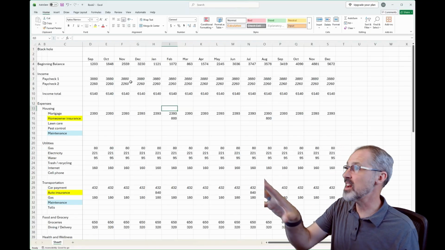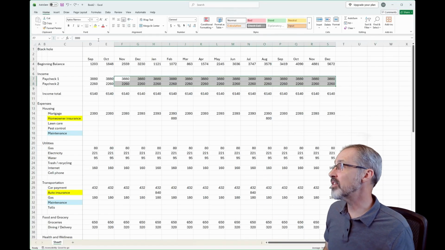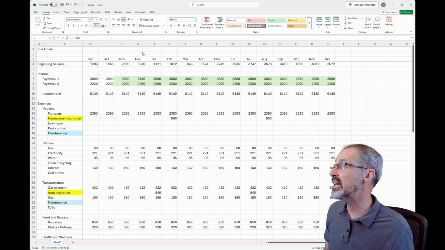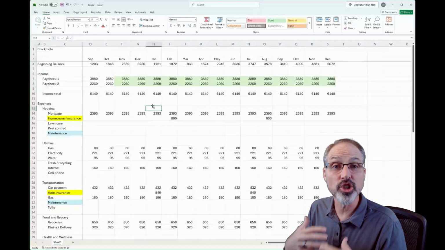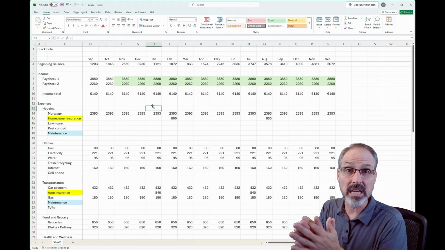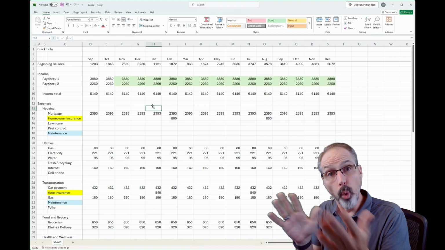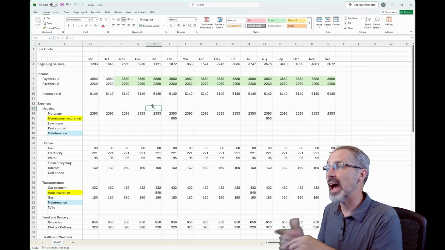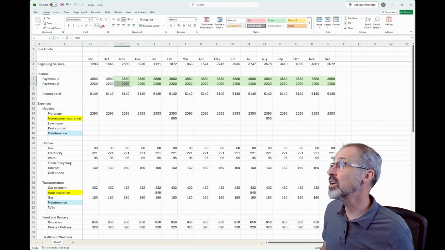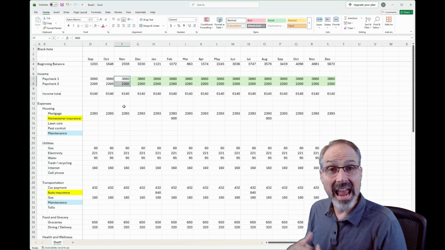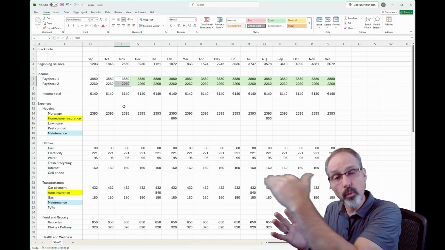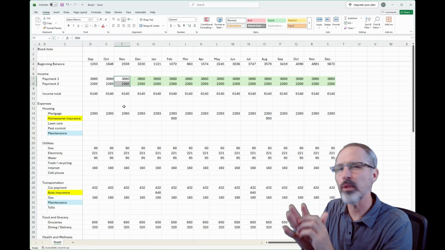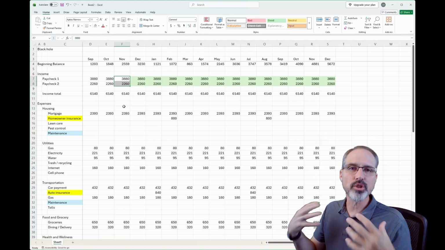Now, if that's not enough of a difference for you, the other thing you could do is you could highlight it in green if you're just guessing what that number might be. And then once it's locked in, you can go back, remove the color, and lock in the actual number. And that way you know what's actually happening and what's projection. And that gives you an idea.